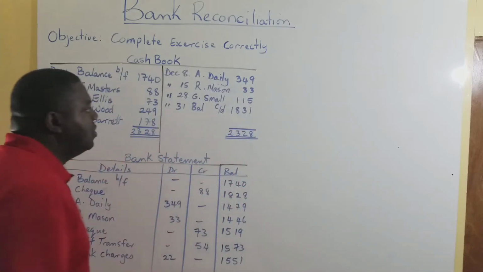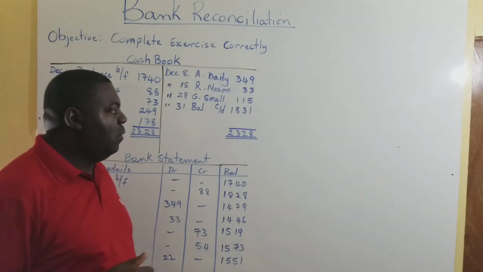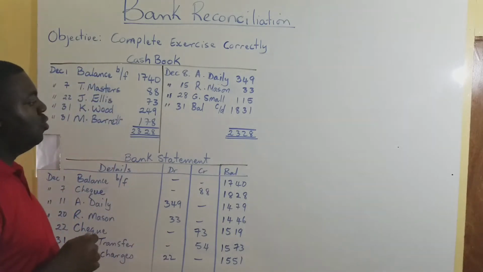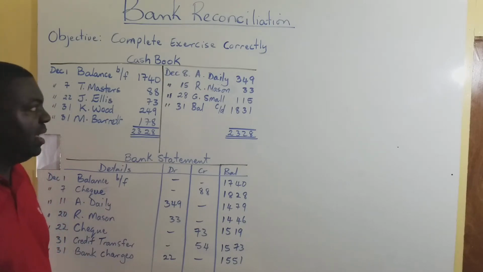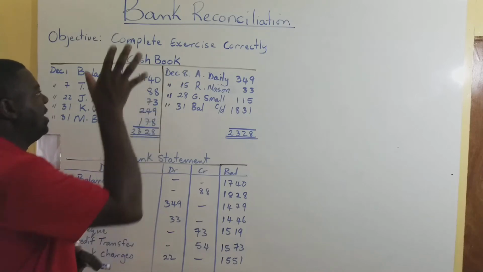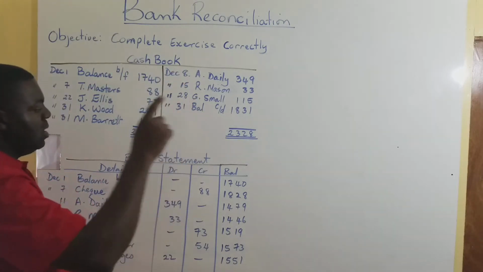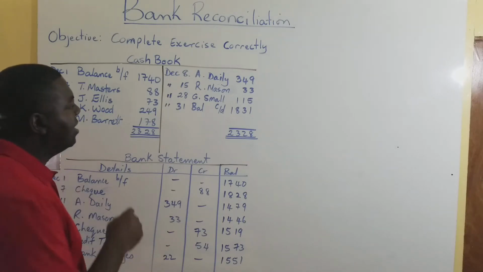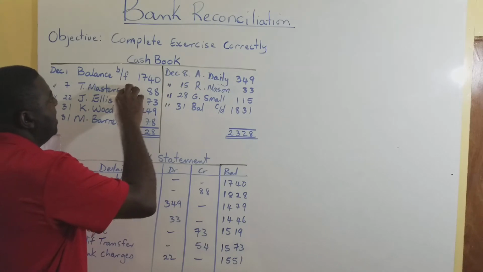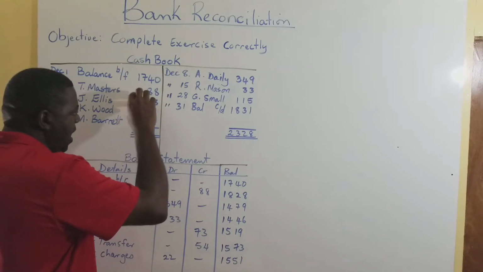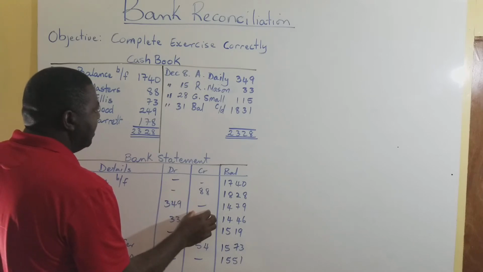Now, I also want to point out that in our last lesson we sought to show you how we would deal with reconciling the cash book and the bank statement. We talked last time about the diagonal principle, right? So if we are checking the debit side of the cash book, we are going to check it against the credit side of the bank statement.